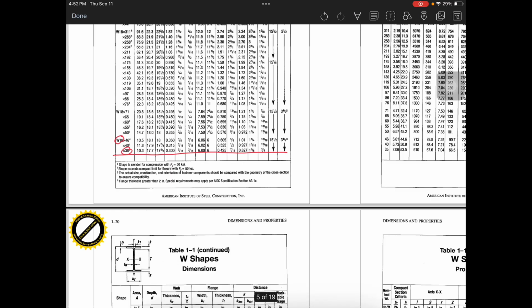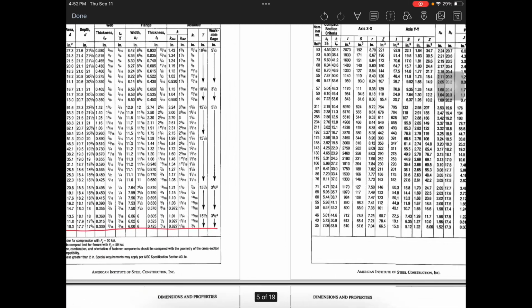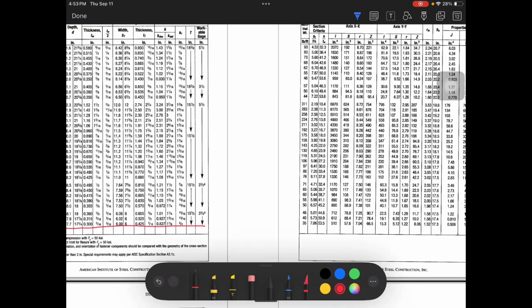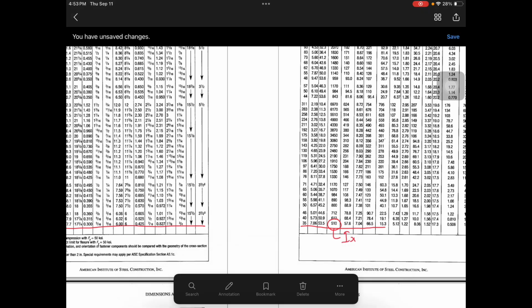We need our IX, since bending is about the strong axis. When it's not mentioned where the bending is, X or Y, it is automatically X. Though there are a few times we bend about the y-axis, for beams, especially floor beams, our bending is about X. So, our IX is 510. So, back to the problem.